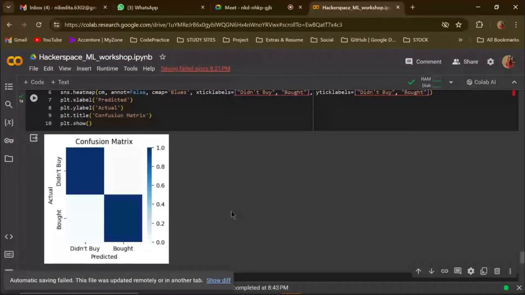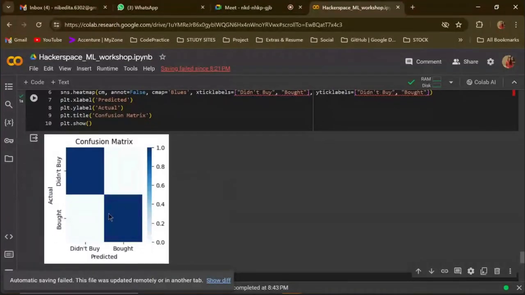Excuse me, Didi, I have a question. How to know how many of the given people actually bought the house but were predicted as didn't buy? Okay, tell me, where do you see in the graph those people who actually bought the house? The left bottom corner.